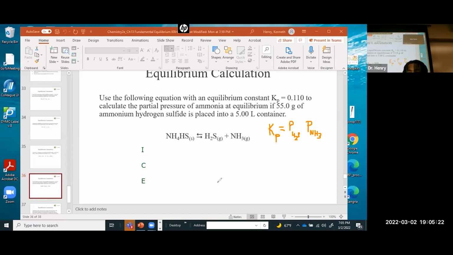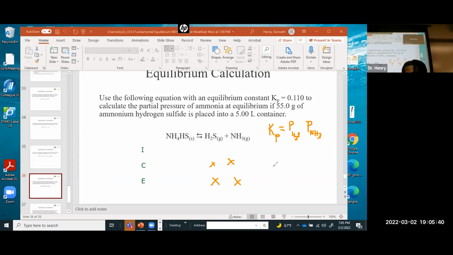So that basically means that we have X and X, because that's going to be the change, right? X and X here is going to equal our equilibrium constant, our Kp.